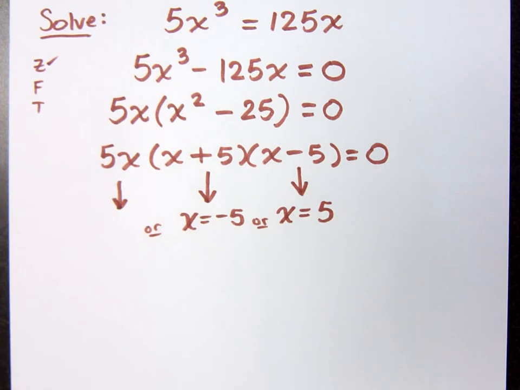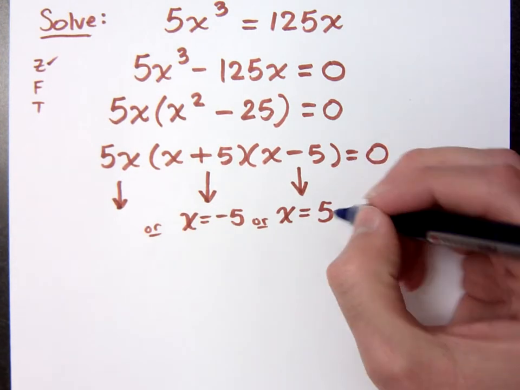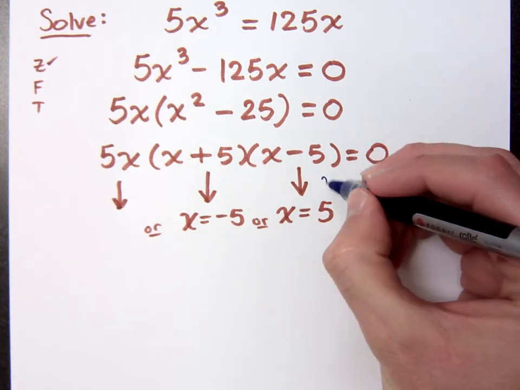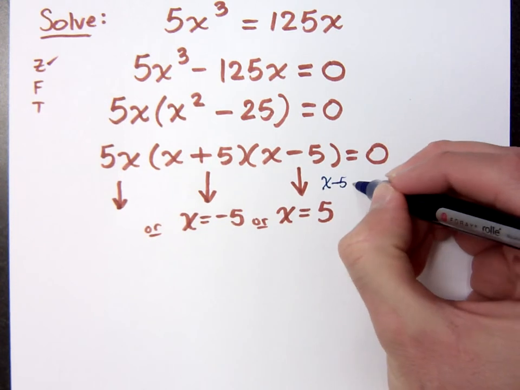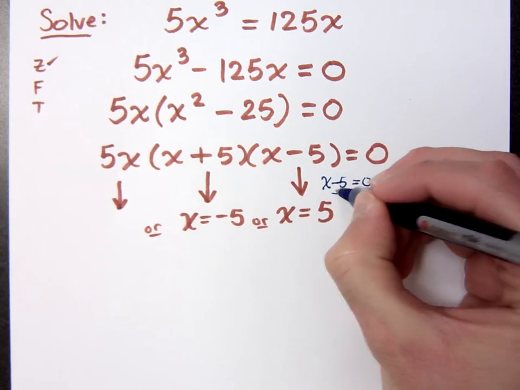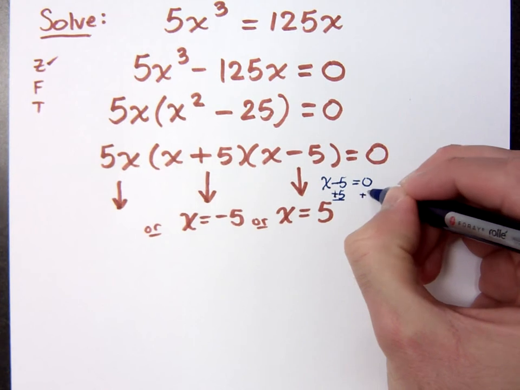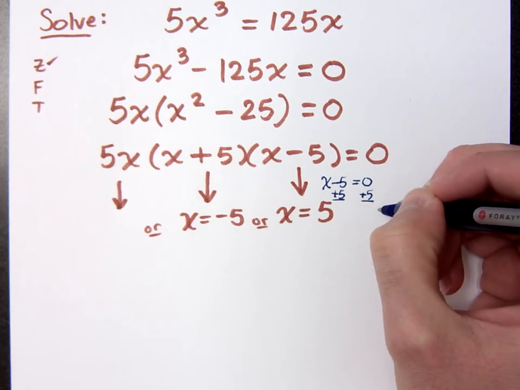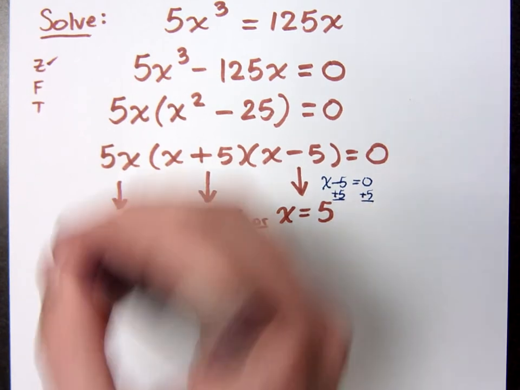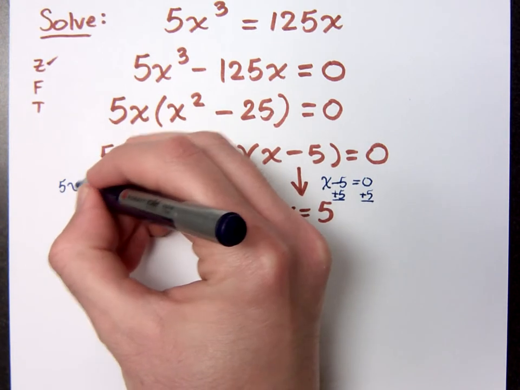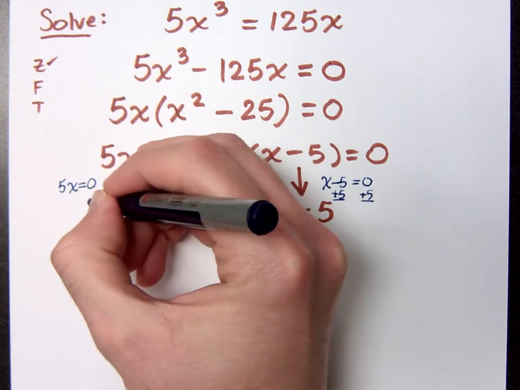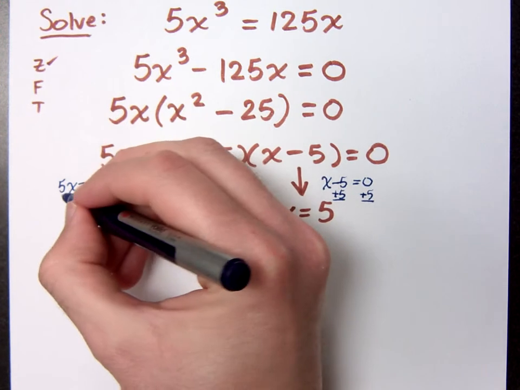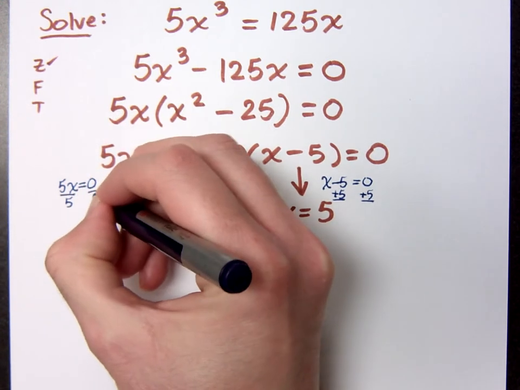Now let's back up here. There seems to be some confusion. How do we get x equals 5? You took x minus 5 equal to 0, and you solved this for x by getting x by itself, right? So over here, I need to take 5x and set that equal to 0. When I solve this to get x by itself, I would have to divide both sides by 5, right?